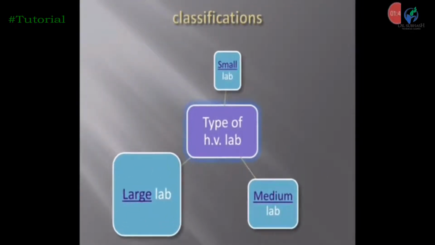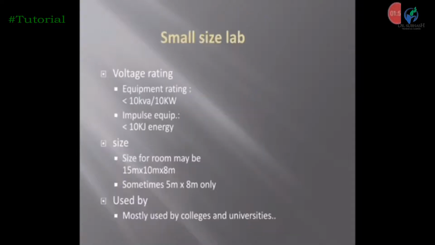Classification. Types of high voltage lab. There are three types of labs available: small lab, large lab and medium size lab. First we will see the small size lab. Voltage rating of the small size lab: equipment rating is less than 10 kilovolt ampere or 10 kilowatt, and impulse equipment rating is less than 10 kilojoule energy.